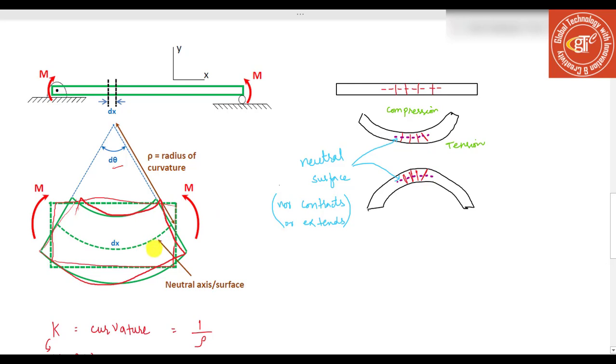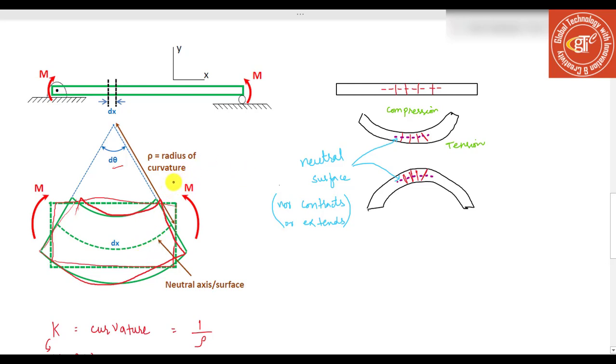I have identified the neutral surface here on my diagram as well.